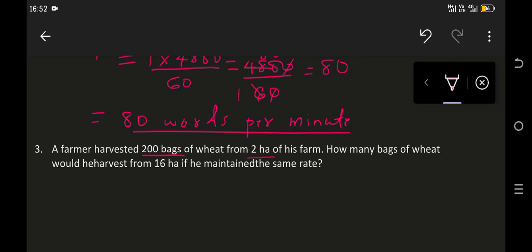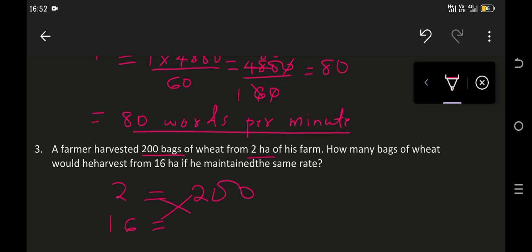So in 2 hectares of land, the farmer will be harvesting 200 bags of wheat. We are being asked how many bags of wheat would he harvest from 16 hectares of land.